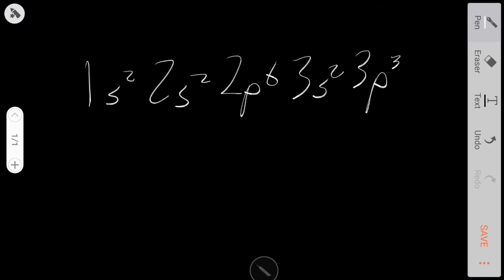B says 1s2, 2p6. It misses 2s2. It skips over that, so it's not B. If I look at C, it's the same thing as A, which is not correct. Let's look at D. 1s2, 2s2, 2p6, 3s2, 3p3. Fantastic. So number 17 is D.